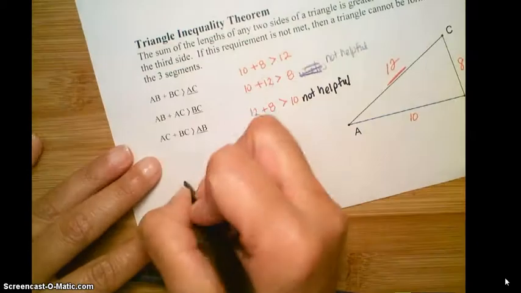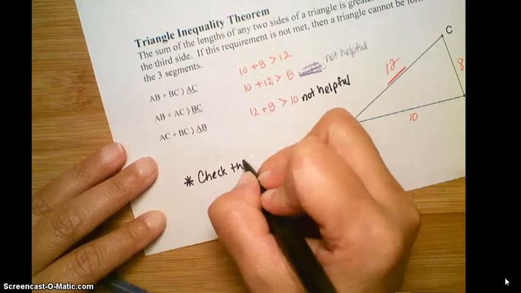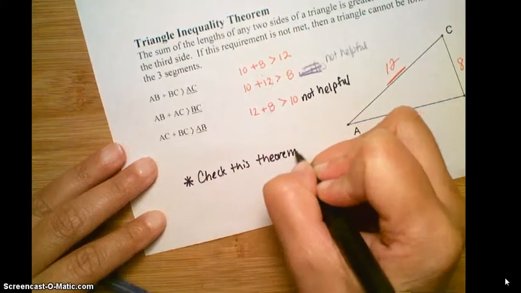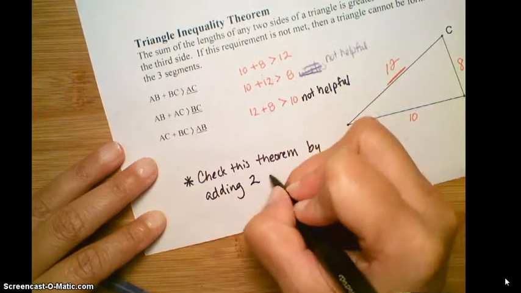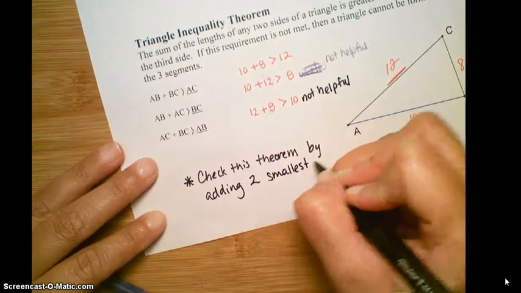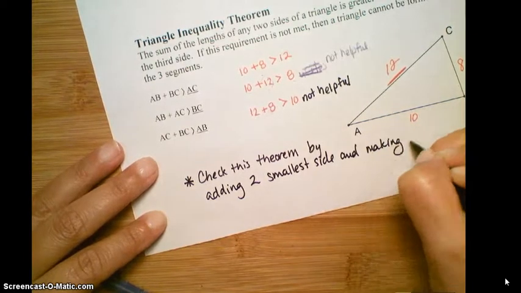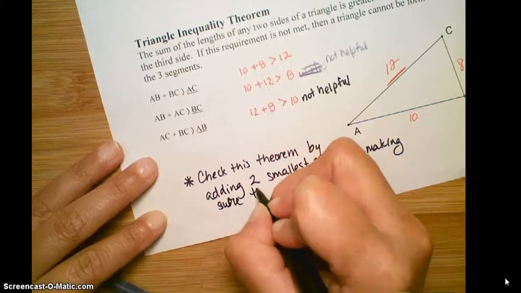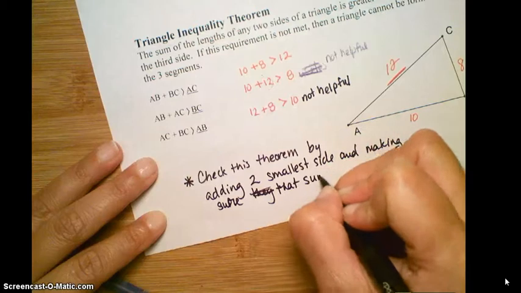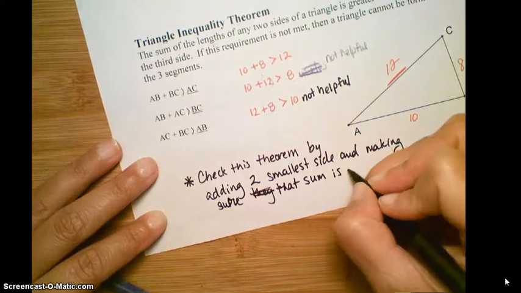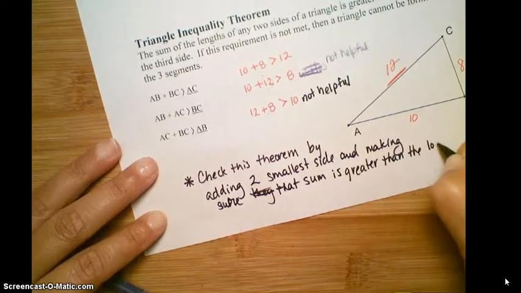And so if you want to, you can boil this down to check this theorem by adding two smallest sides and making sure that sum is greater than the longest side, okay?